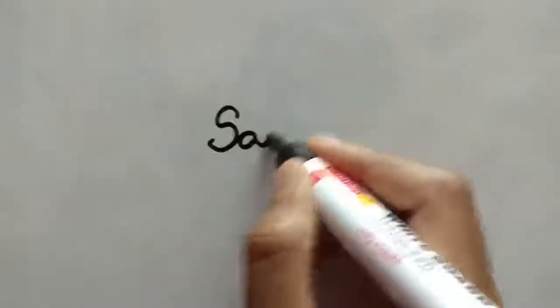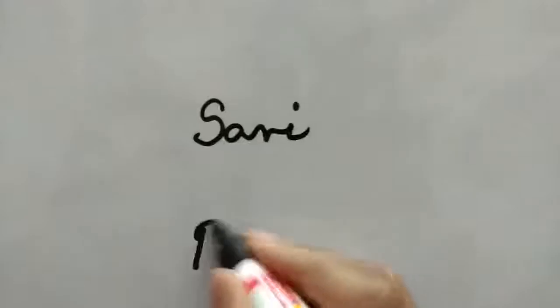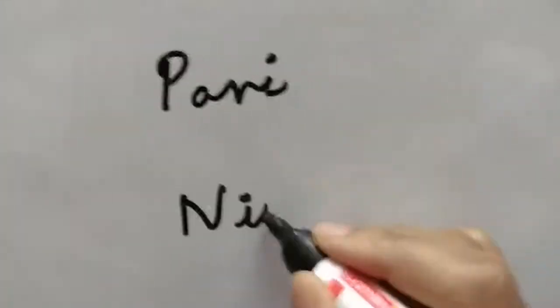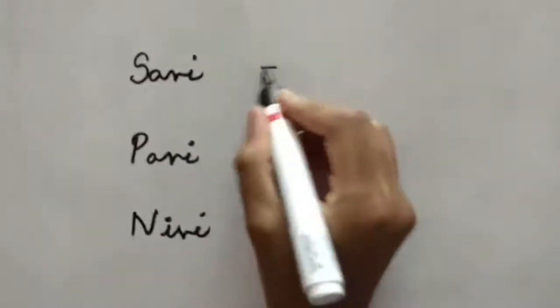So let us move as per each partner. First Savi, then Pavi, and then Nivi. So I've written for each partner the name.